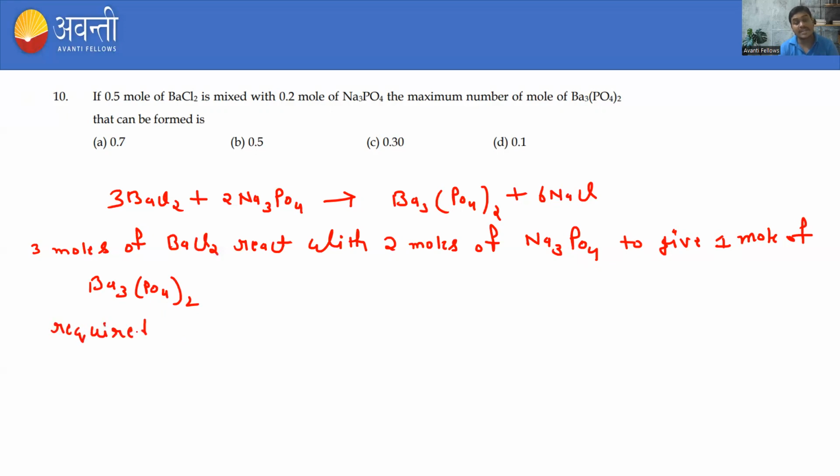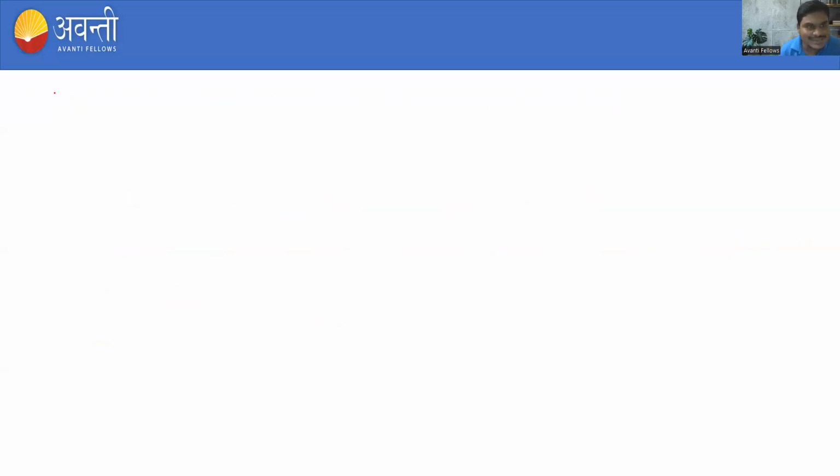So the required ratio is nothing but 3:2, that is the ratio between BaCl2 and Na3PO4. Now, according to this question, we have 0.5 mole of BaCl2.